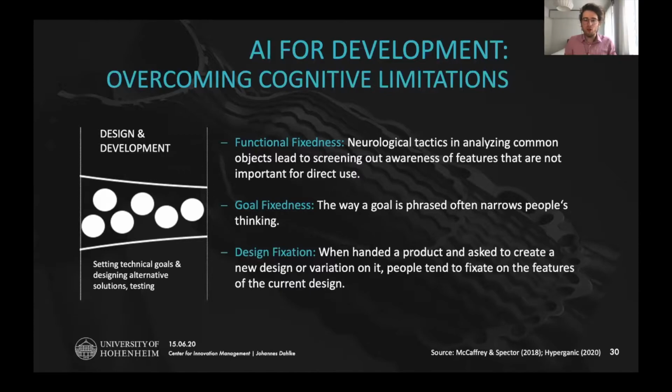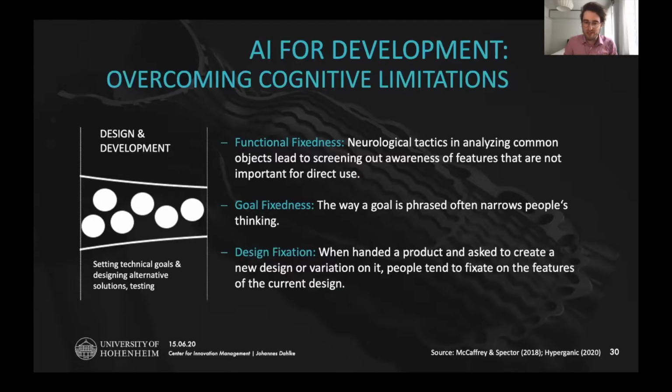So this is a cognitive limitation called functional fixedness. Then we have a limitation called goal fixedness. So if your supervisor comes to you, being an engineer in an R&D department, then it's already crucial how he phrases and narrows down a problem. The way he phrases an assignment may already influence how you think about solving this assignment.